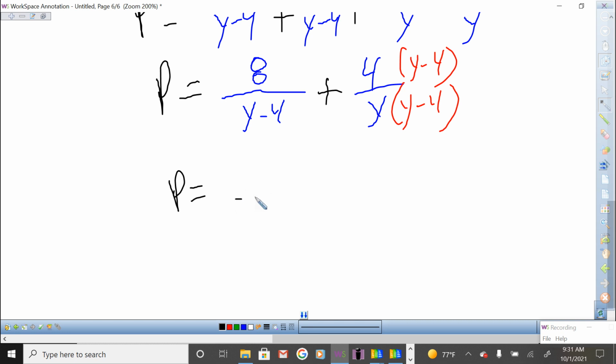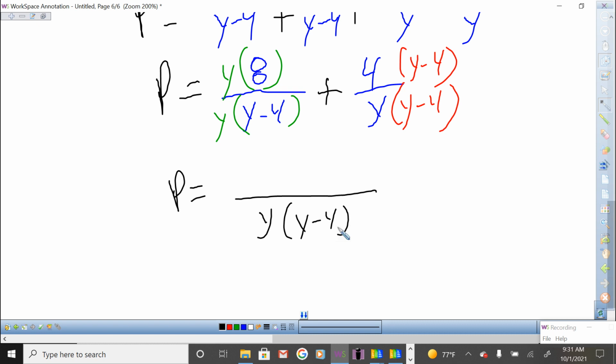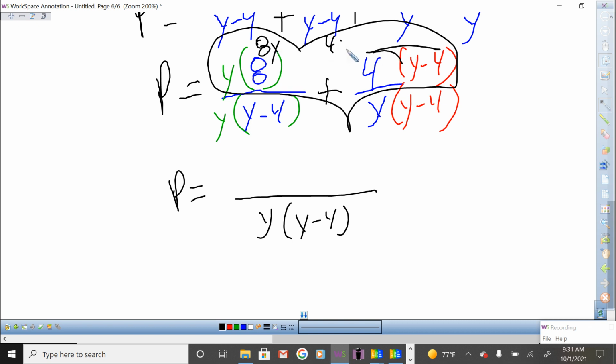Therefore, what's our common denominator? Oh, sorry. This needs a what? A y. Sorry. Okay, now we have a common denominator. Y minus 4. And then we focus on the numerators. Multiply, this is 8y, yes. Distribute, that's 4y minus 16.